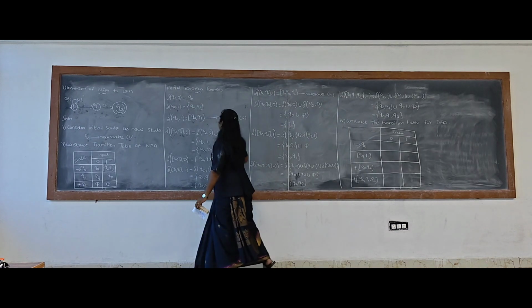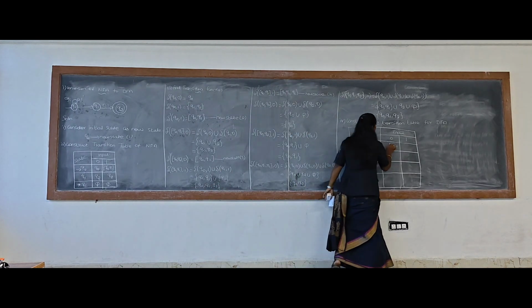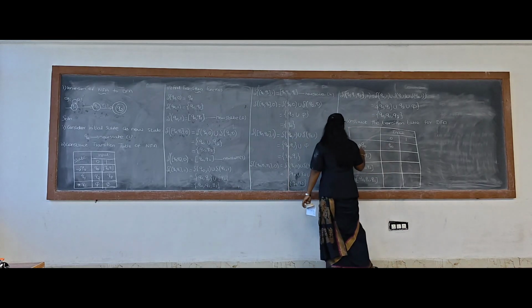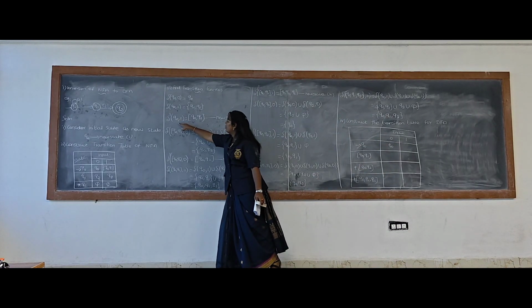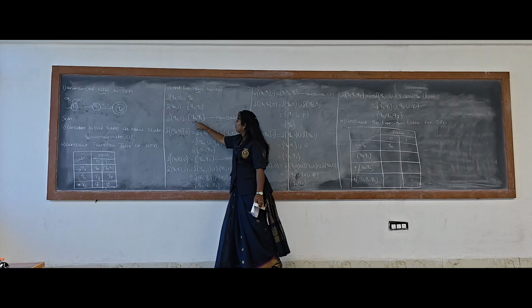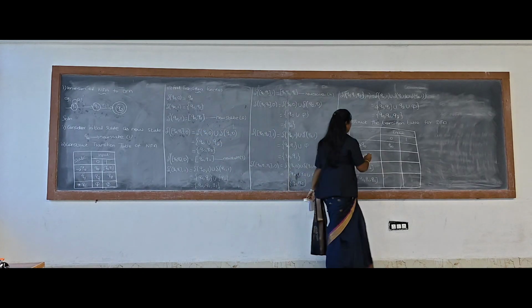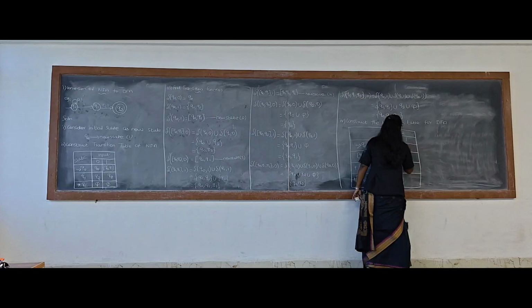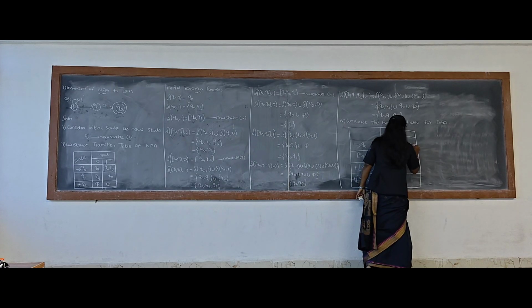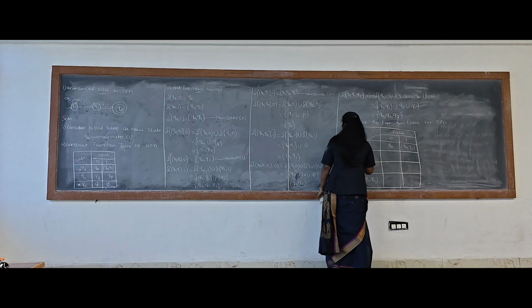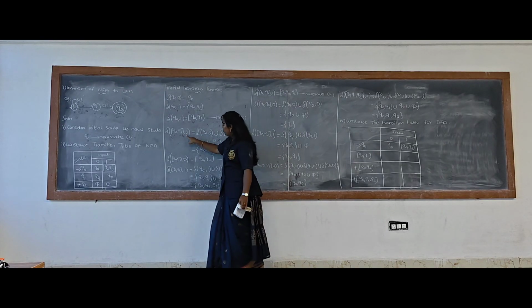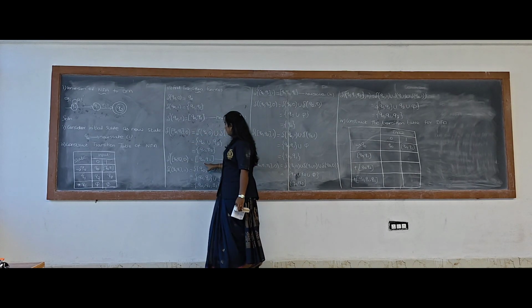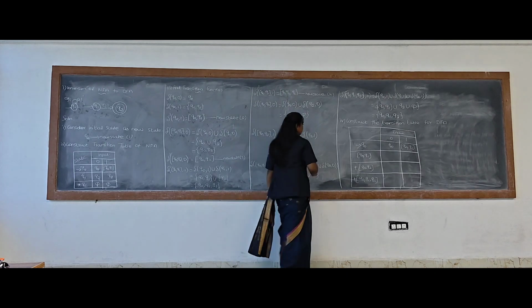Next is Q0 on 1. Q0 on 1 will move to Q0, Q1. Okay, so here Q0, Q1. Next Q0 Q1, reading the input symbol 0, will move to the state Q0, Q2.